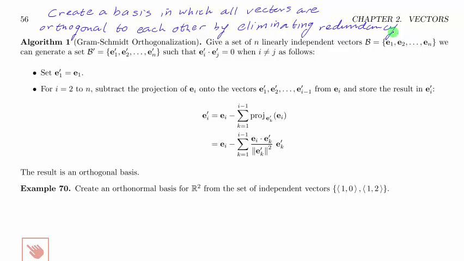And to do this, we're going to go through each vector and subtract the projection of that vector onto all of the previous vectors that we've added to our new basis that we're creating from the existing basis.